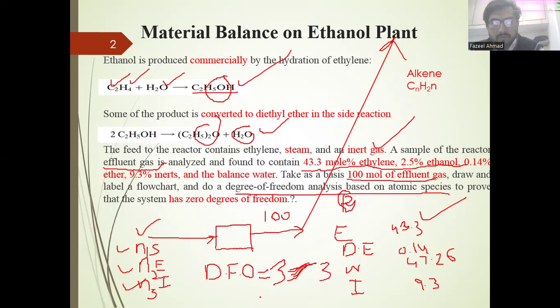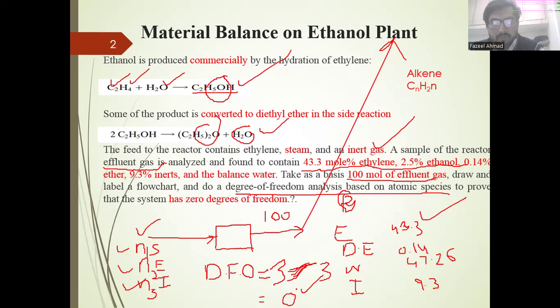So the number of unknowns and the number of material balance equations are equal. This system has 0 degrees of freedom, meaning the number of unknown variables and the number of material balance equations are equal.